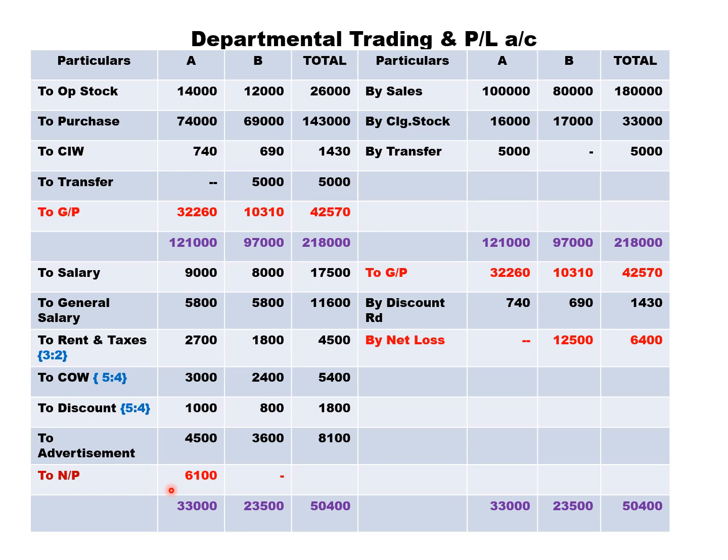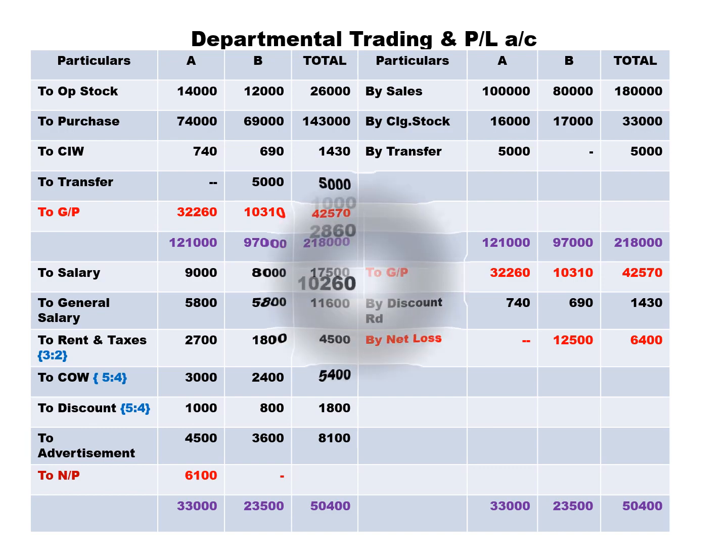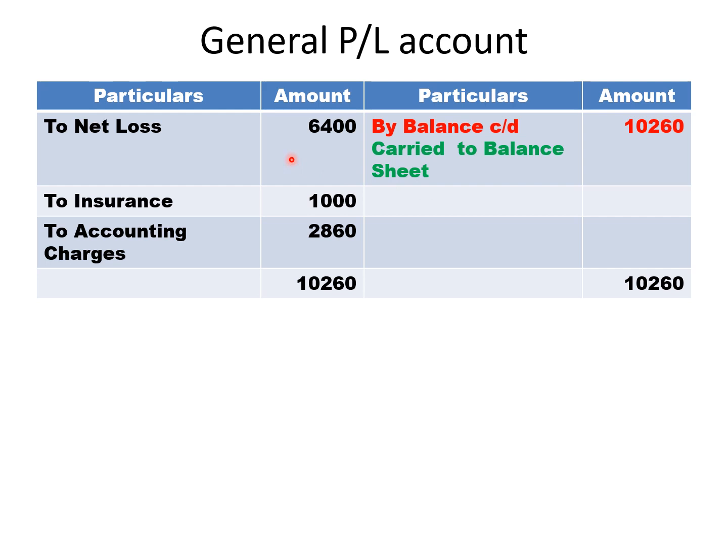Then we get a net profit for A 6,100 and for B 12,500 is a loss. So A has earned a profit, B has incurred a loss. So profit 6,100, loss 12,500. So you get a net loss of 6,400. So bring down that net loss to the general PL account from the credit side to debit side.